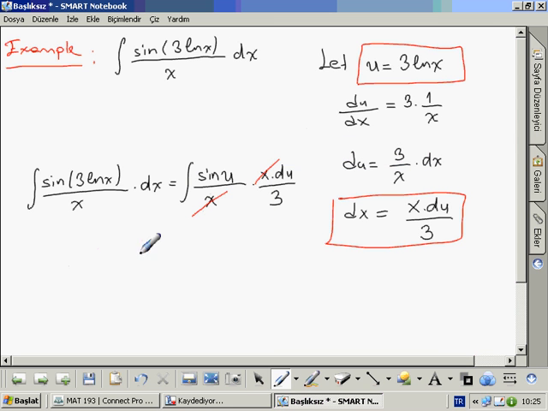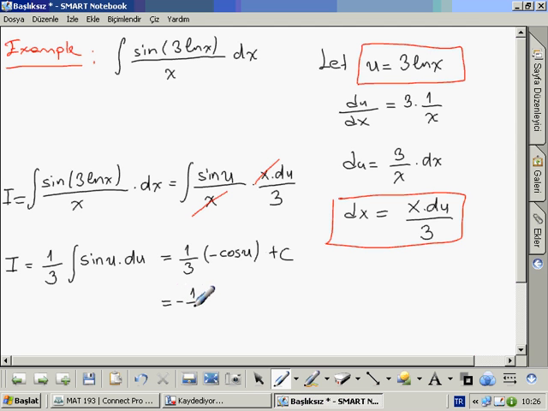After that, 1 over 3 integral sine u du, and we know that it's equal to 1 over 3 times minus cosine u plus c, which is minus 1 over 3 cosine of 3 ln x plus c.